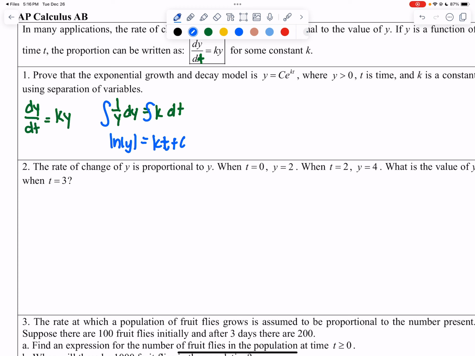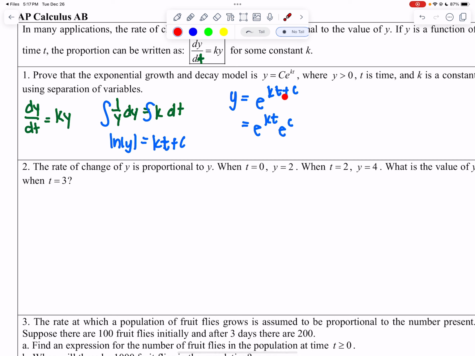I am going to solve for y now, so that's going to be me taking e to both sides. That's going to be y is equal to e to the kt plus c. And remember that using my properties of exponents, I can split this up into two parts, e to the kt times e to the c.